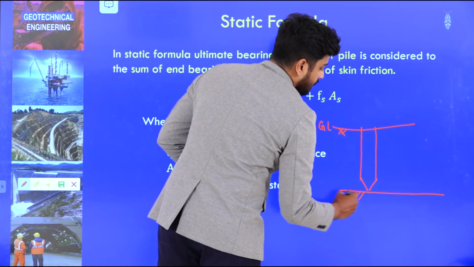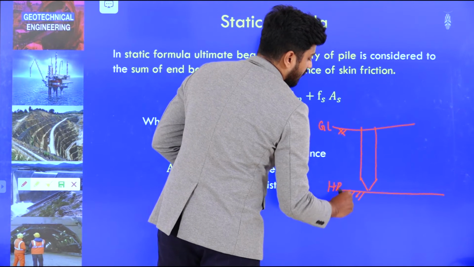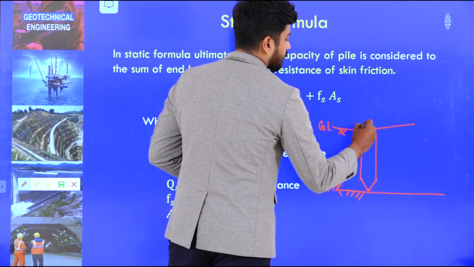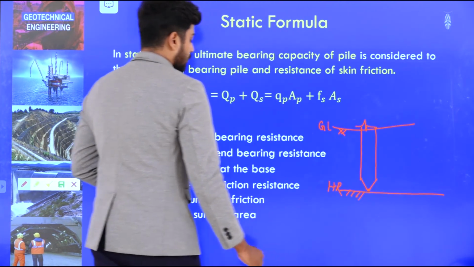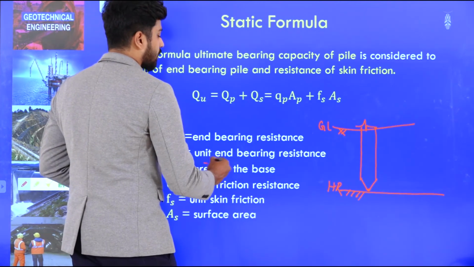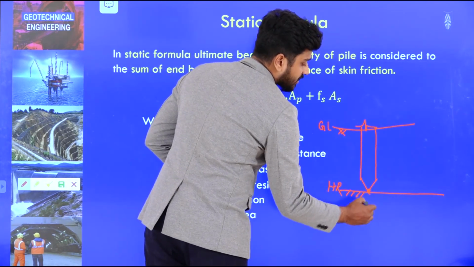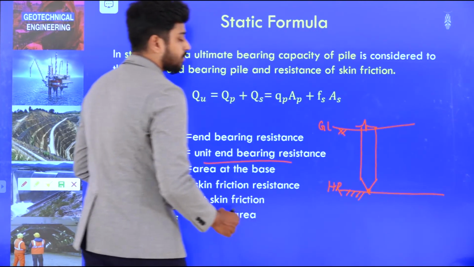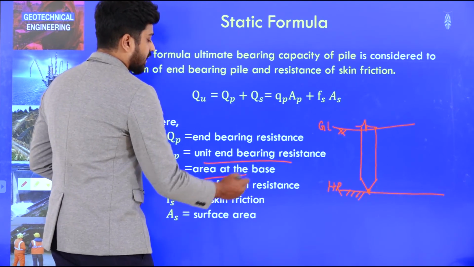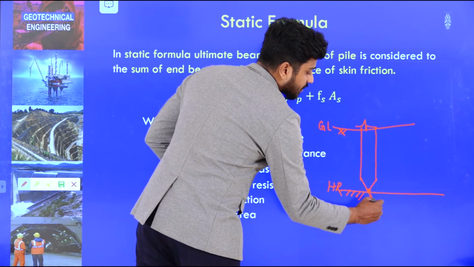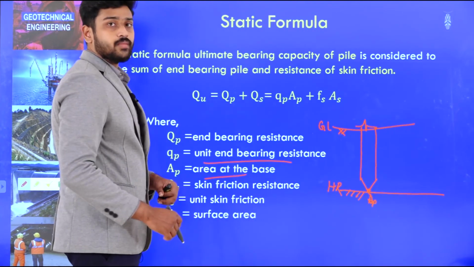Let us say this is a hard rock, and up to this level the pile has been driven. So, here qp is the unit end bearing resistance. That means, at this particular region the ultimate resistance is determined. And Ap is the area at that base, that means the area of this particular pile at the base.